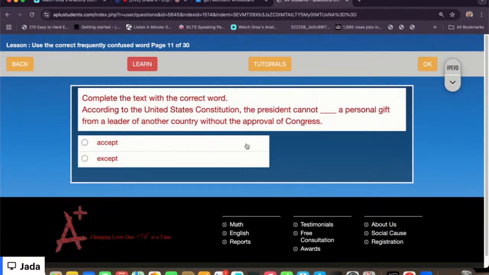According to the United States Constitution, the president cannot accept or expect a personal gift from a leader of another country without the approval of the Congress.